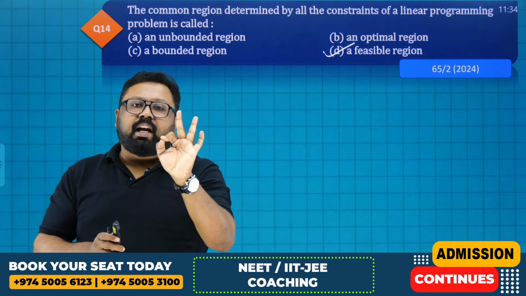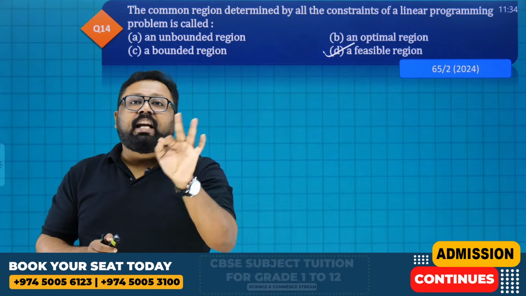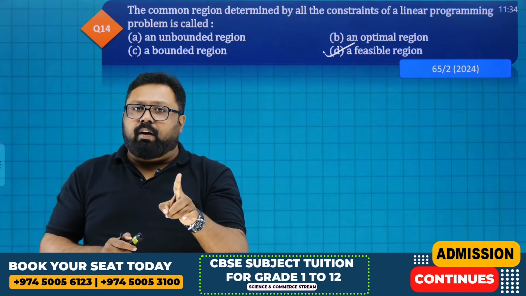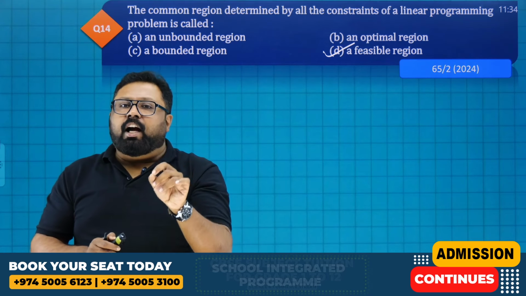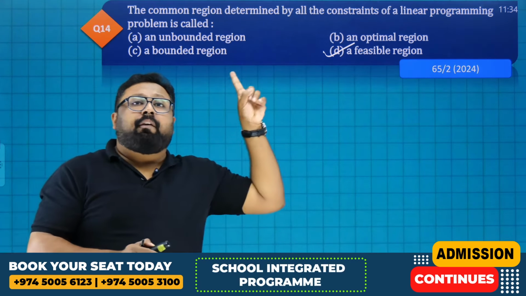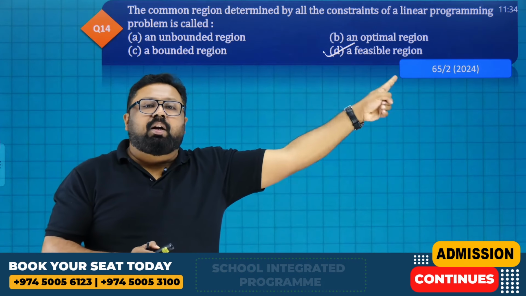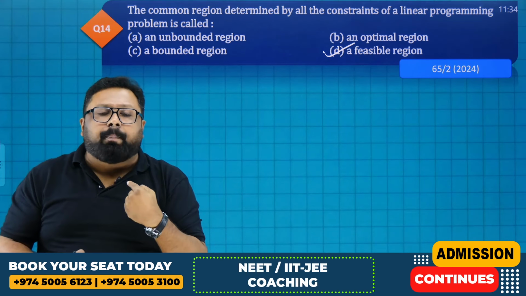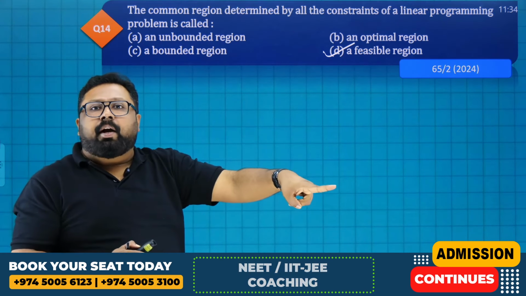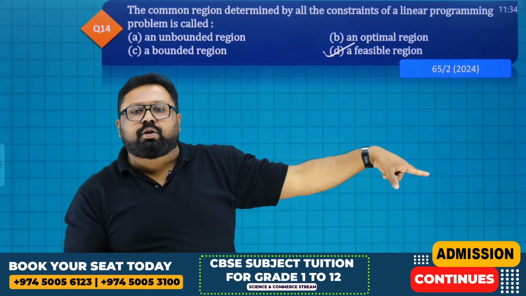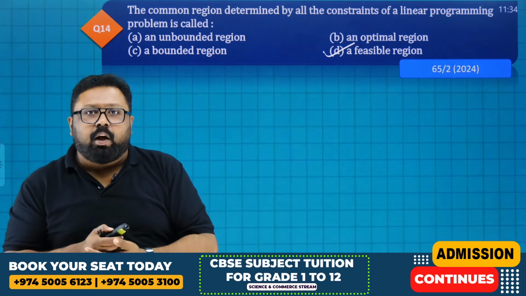My dears, once again, listen very carefully. We have linear constraints called inequalities to draw the graph. And drawing the graph and then shading the region called the feasible region. Region is called what? Feasible region. And the feasible region will give us corner points. Corner points are substituted in the objective function, which is a linear function.